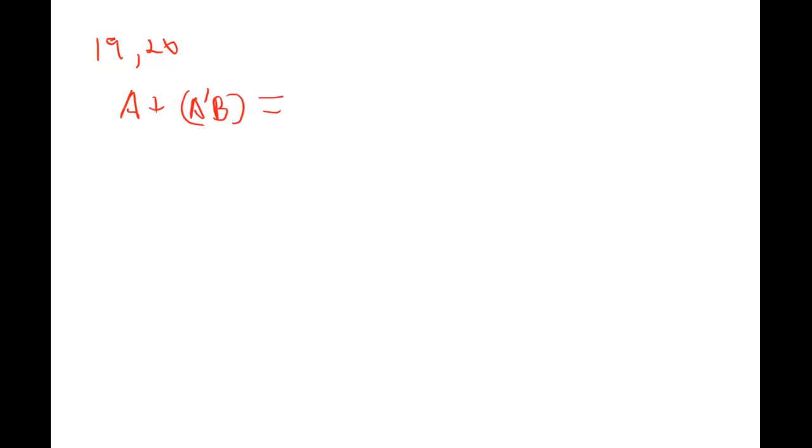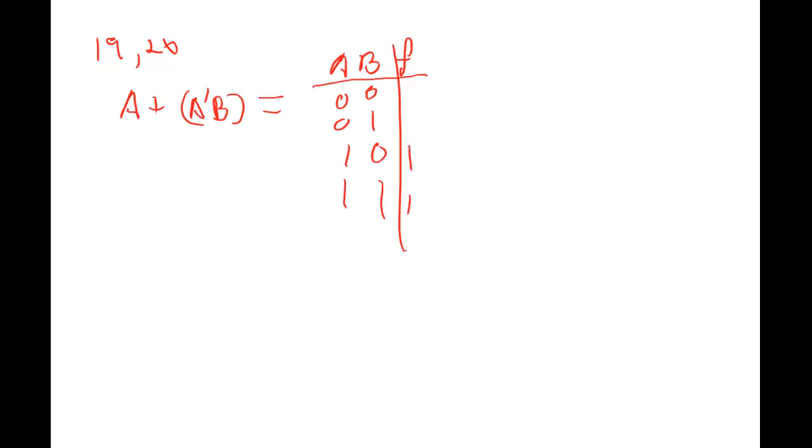What could it be? Well, one thing you could do is you could make a truth table. Now, it's going to be true if A is true, so it'll be true in here. But what if A is equal to 0 and B is equal to 1? It should also be true.